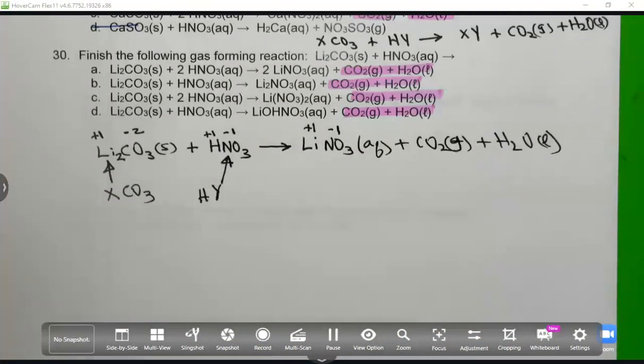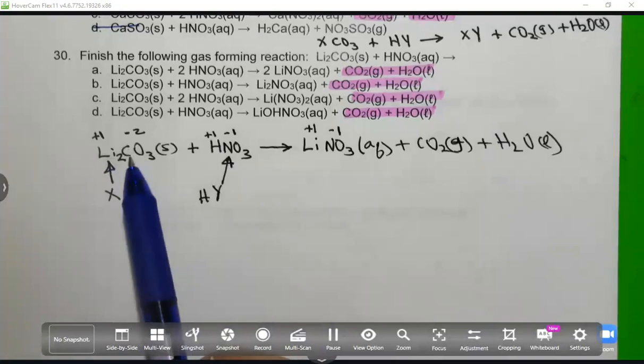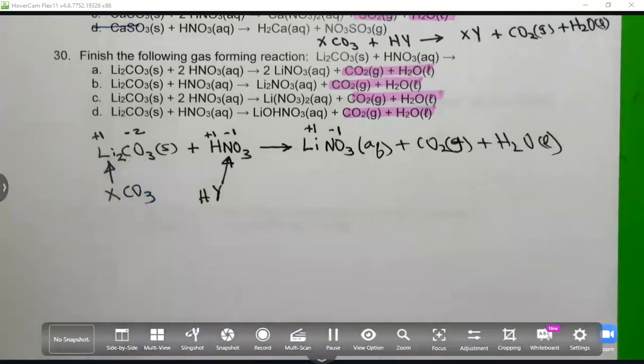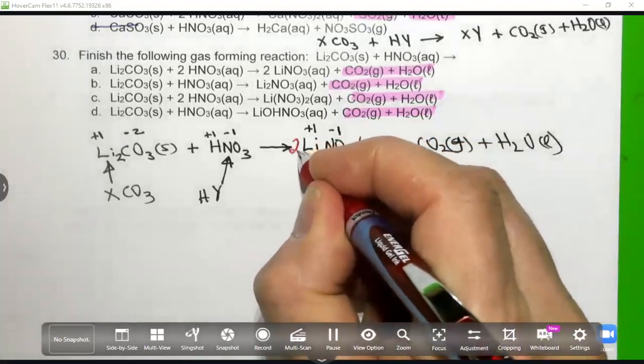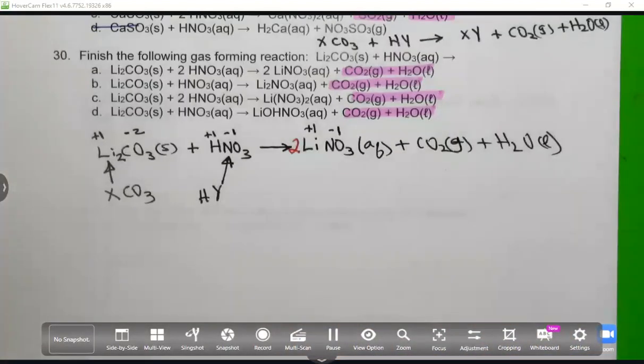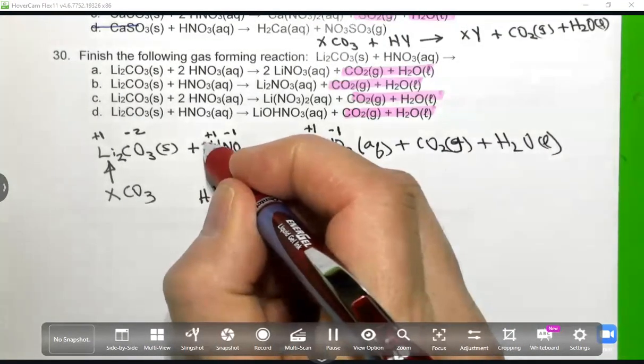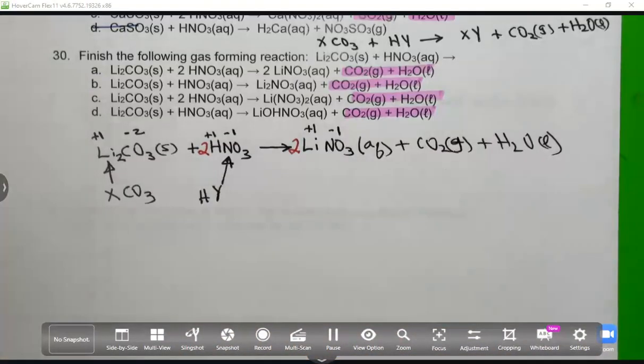We have 2 lithiums here, two lithiums there, two nitrates here then. I think that balances out.